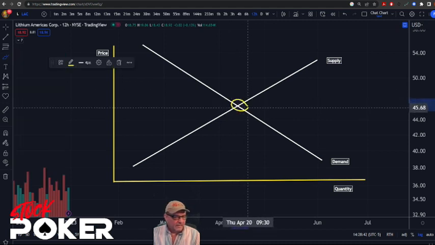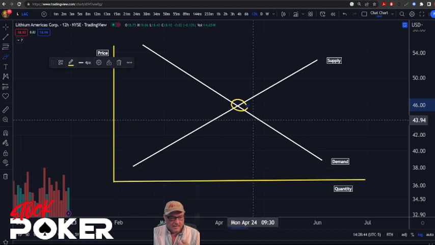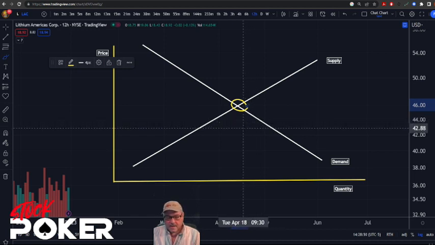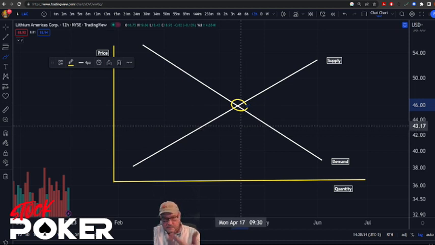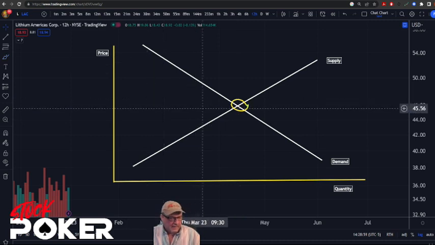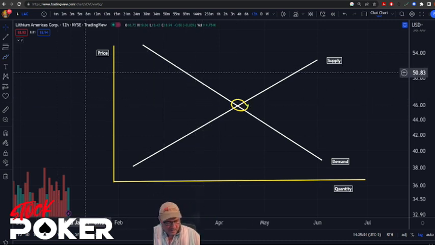That intersection of supply and demand in relationship to quantity and price always wants to come back to the equilibrium point. That's the basis of all those economic equations that they teach you in basic economics back in high school.